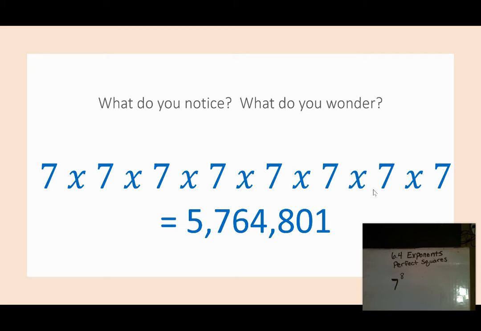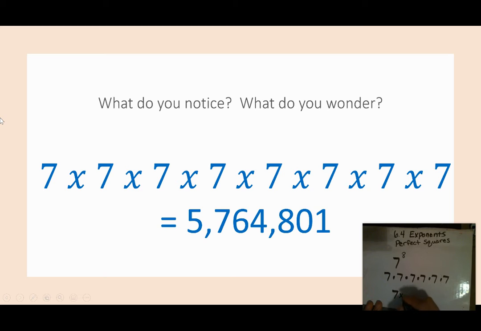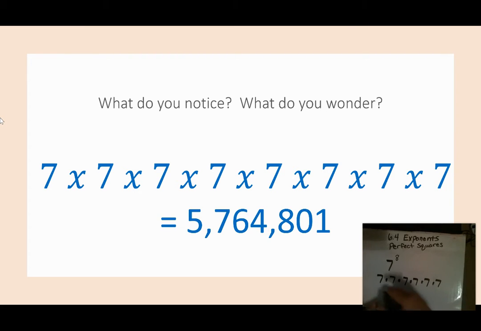It's a small raised 8, which means it's the same thing as saying 7, and a dot is also the same as saying times. Not to be confused with x's, because sometimes we're going to start seeing 7x, but that can look like 7 times 7 also. So I like using the dot, just not to confuse it with variables.